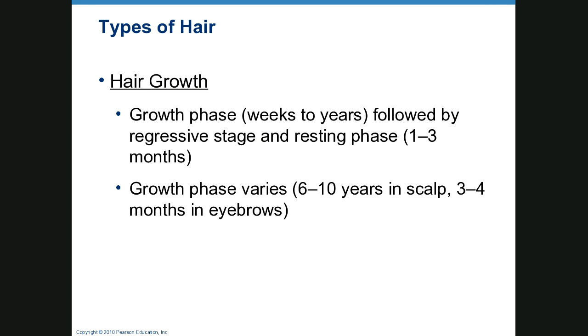Now, hair growth has a growth phase, which may be weeks to years, and then a resting stage, where it stops growing. The growth phase varies on the scalp hair, 6 to 10 years, then it stops. 2 to 4 months in eyebrows.